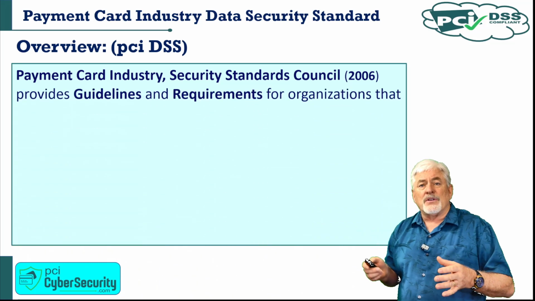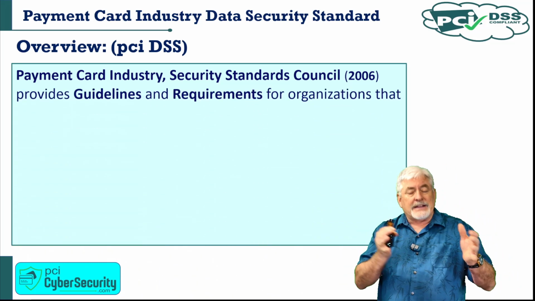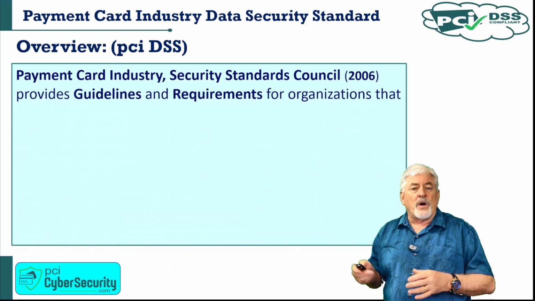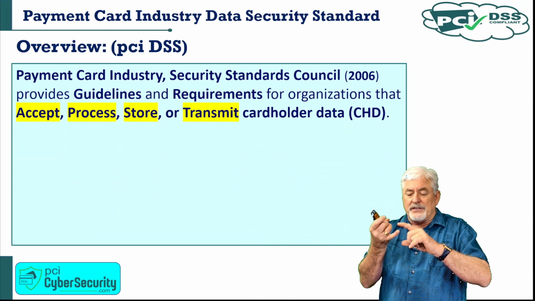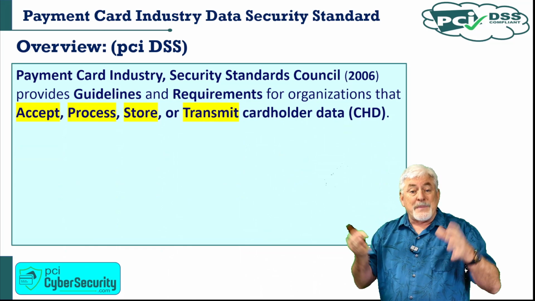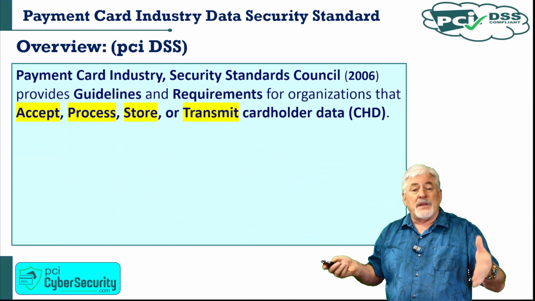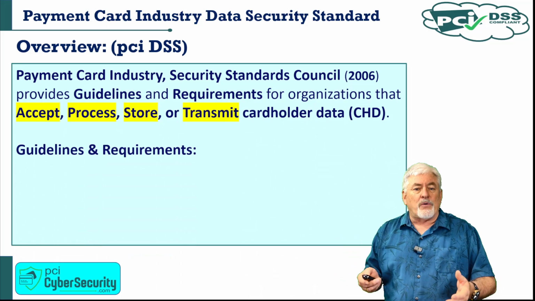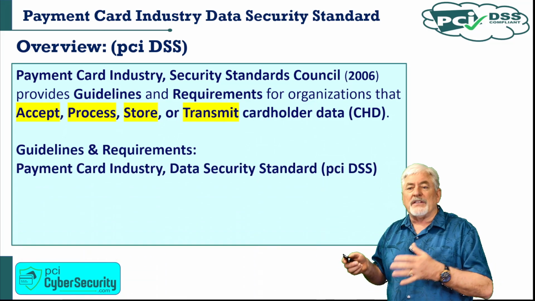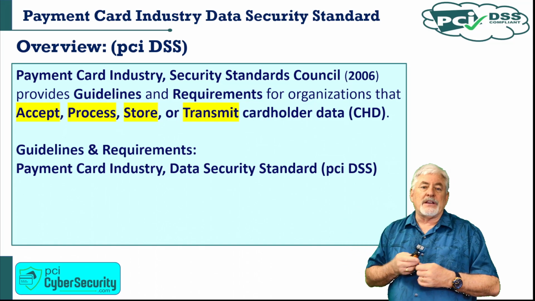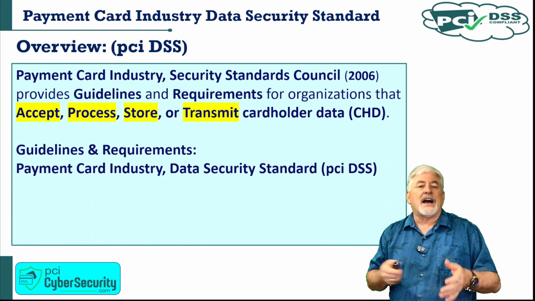That council then created guidelines and requirements that all of the companies that either accept, process, store, or transmit card data would be held accountable for. Those guidelines and requirements fell into what we now call the Payment Card Industry Data Security Standard, or PCI DSS.